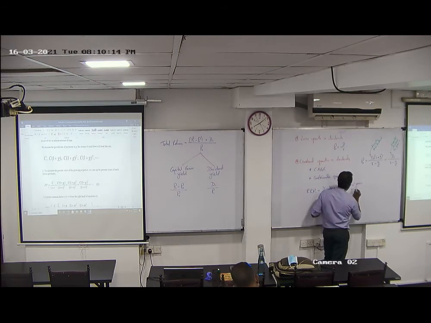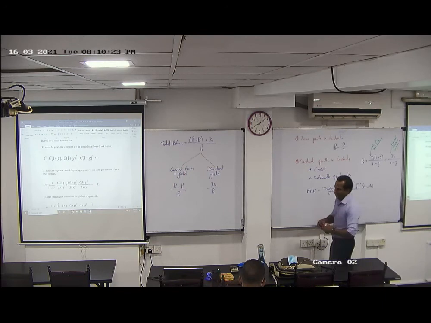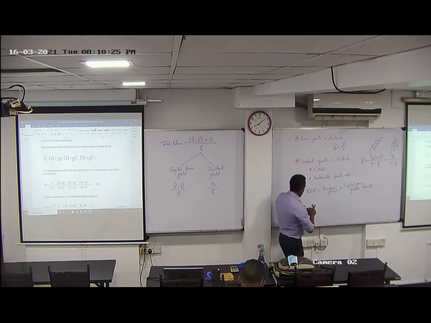Capital gain yield means growth. Therefore, we can write this formula for the required rate of return.